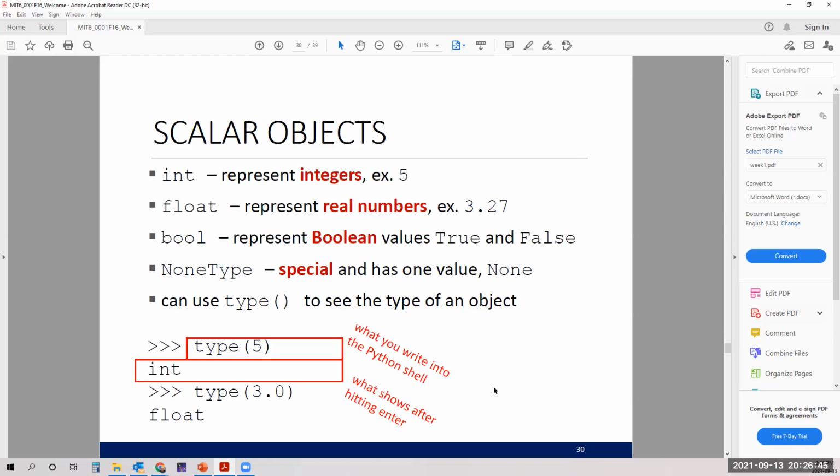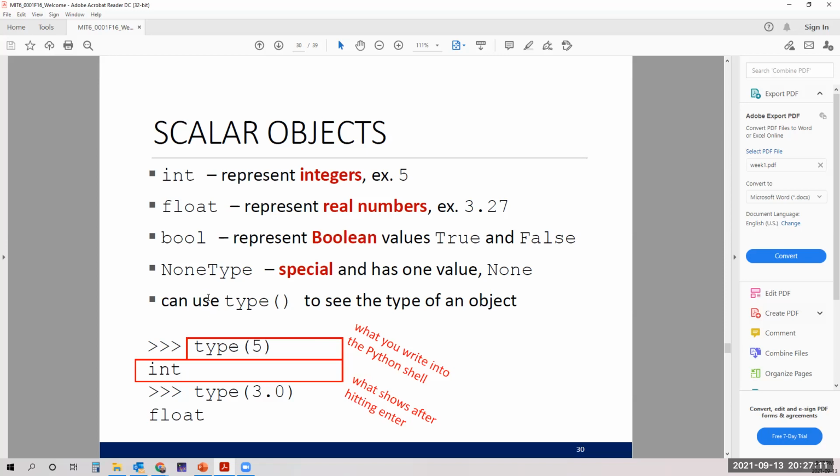Float represents real numbers, as we call them in mathematics. Those have a decimal point, or floating point as we call it in computation, for example 3.27, 3.14 like the pi value. 3.0 is a float number, while 3 itself is an integer number.